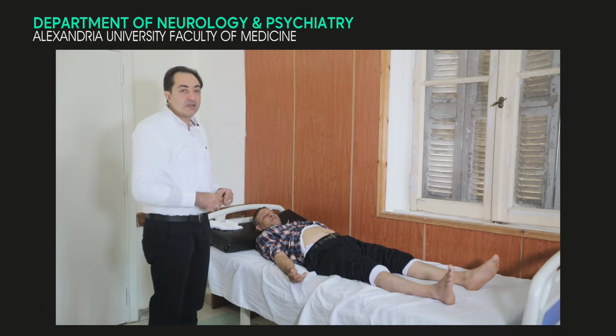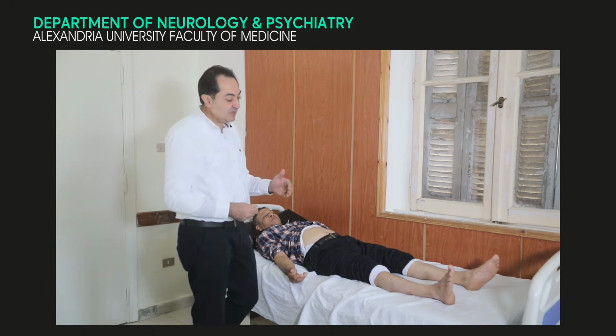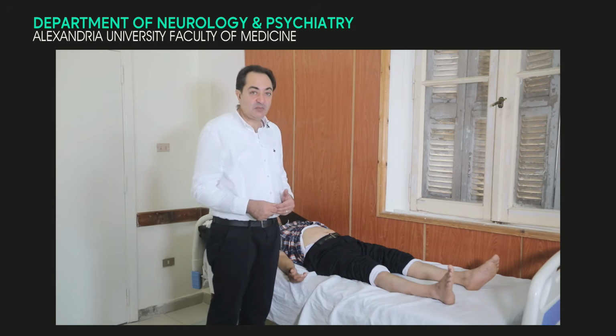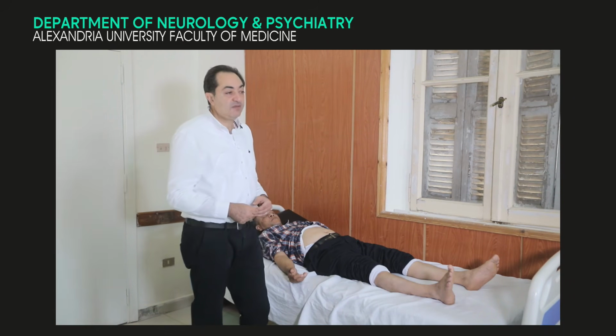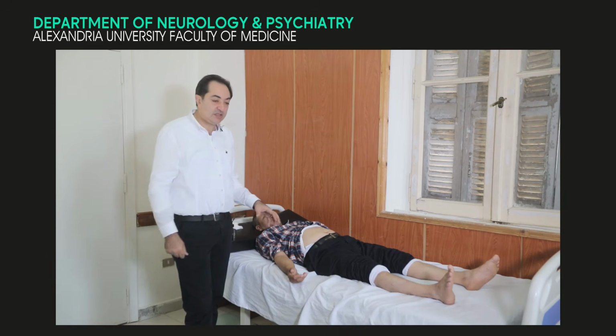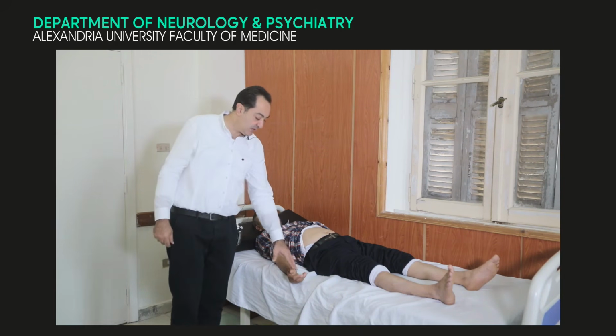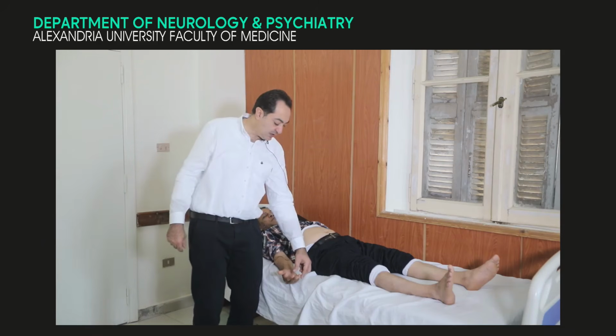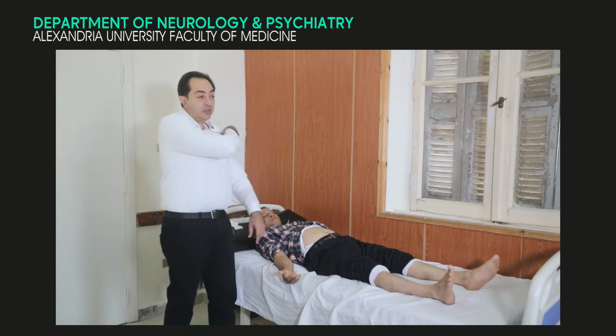We have either peripheral neuropathy, and this may present by glove and stocking hypesthesia. We may have an affection of a single nerve, and the distribution of affection, for example, in the ulnar nerve will be in the distribution of the ulnar part.